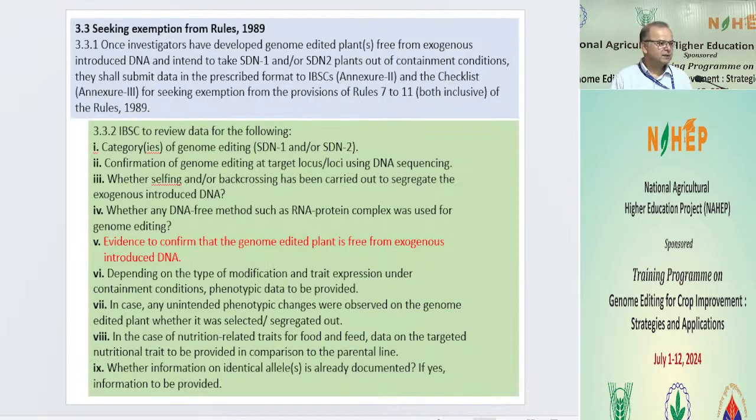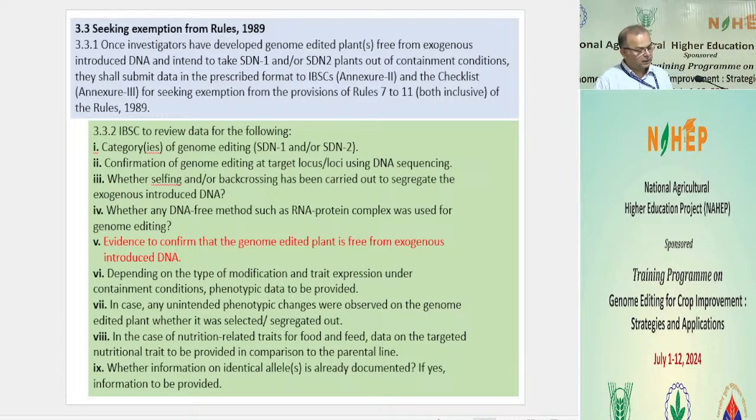DNA-free method means RNP. You might have been told about the RNP method, that instead of doing a transformation, sometimes you can use the Cas9 protein and sgRNA as an RNP, ribonucleoprotein, and do the editing. So there is no permanent integration, and no question of exogenous DNA being integrated into the genome.